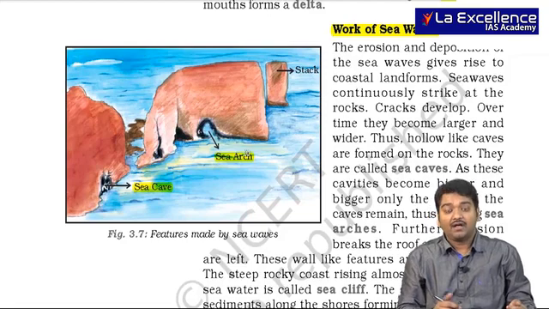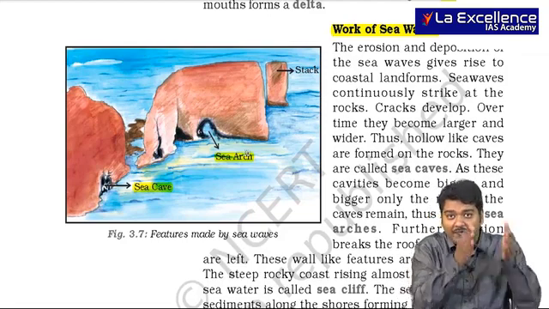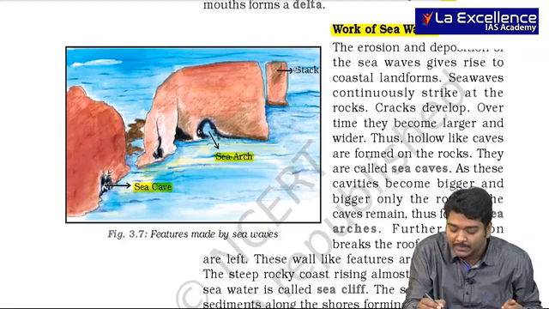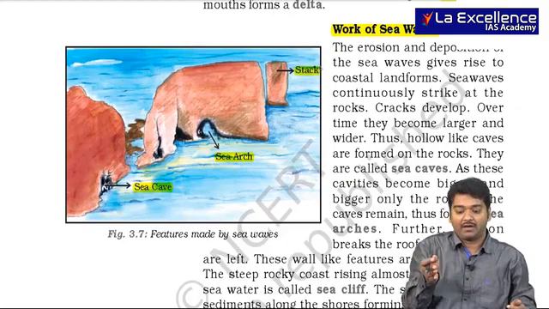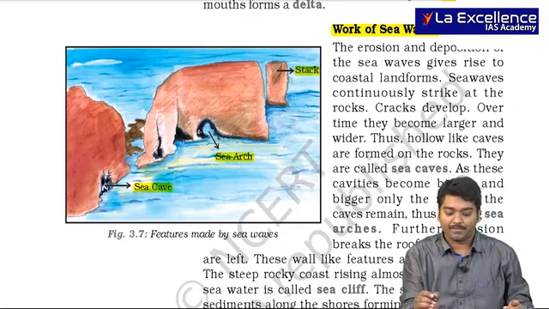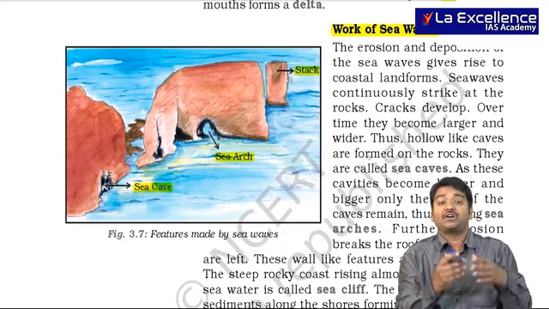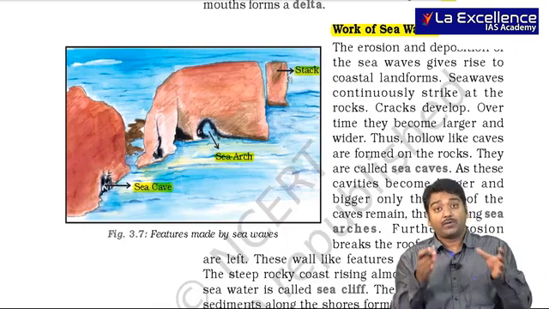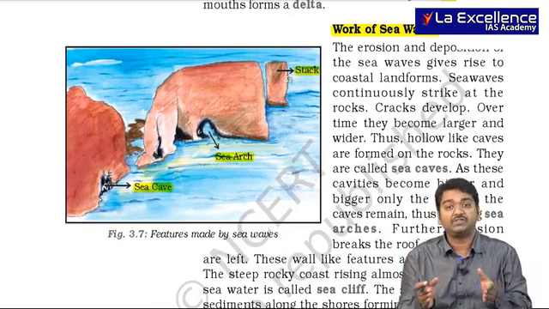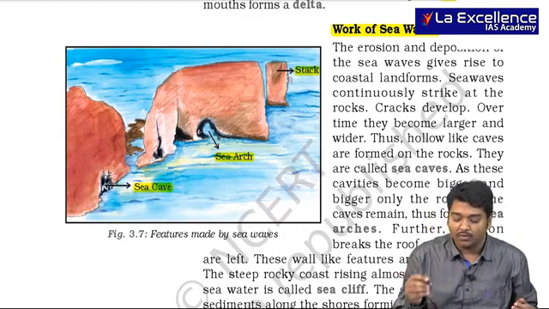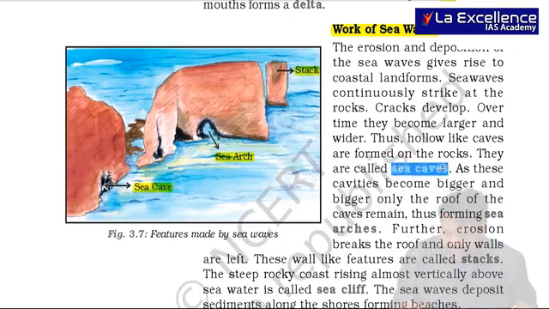After that, this entire portion will be eroded and only some rocks will be standing. This is what we call a stack. Within this rock, based on the hardness or softness, or based on the movement of the waves, you see different portions. So this is what we call sea caves, sea arches and stacks.